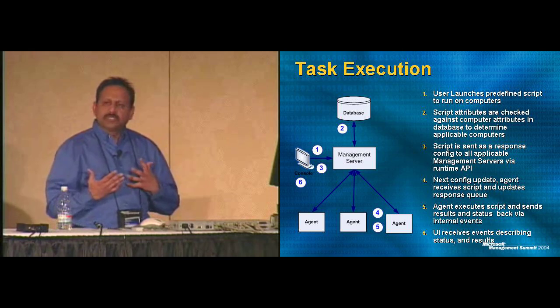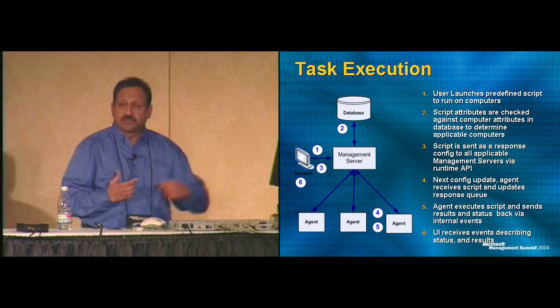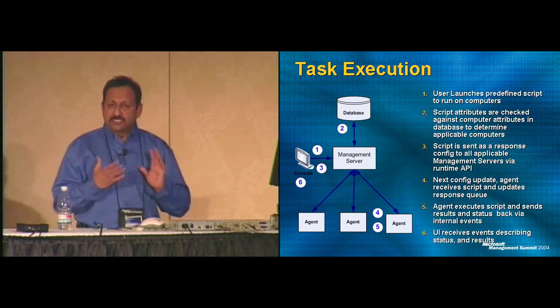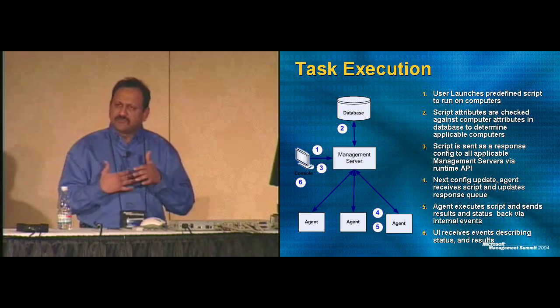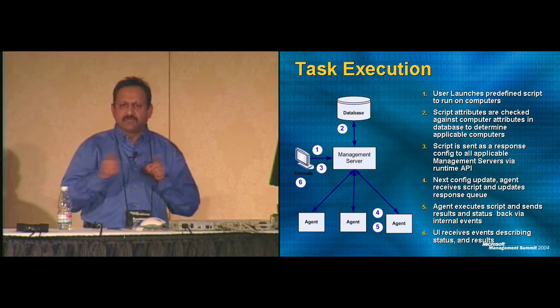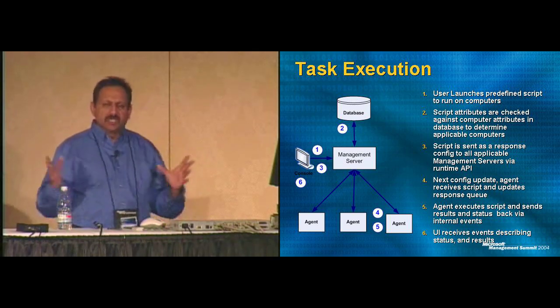Now what the UI will do is find out which management servers the computers are associated to, because there are more than one management servers. It'll find all the management servers for these items, and actually it'll create a set of strings, each one for one task. Okay, so one drive with all the right parameters on it, and pass that to all the management servers.